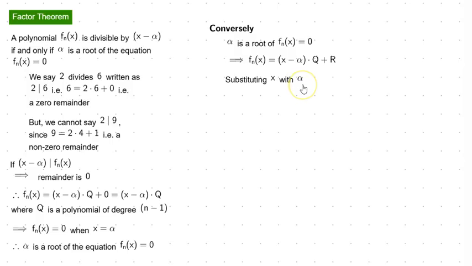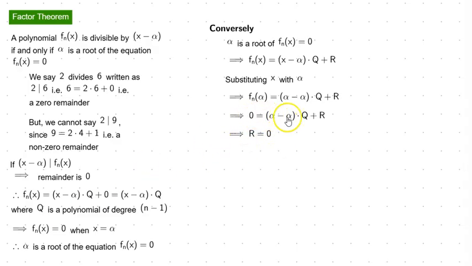Substituting x with alpha, because alpha is a root of fn of x equal to 0, we get fn of alpha is equal to alpha minus alpha times q plus r. Alpha minus alpha is 0 and fn of alpha is equal to 0 because it is a root. So we have r is equal to 0.